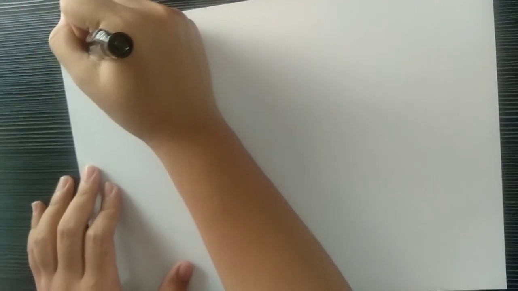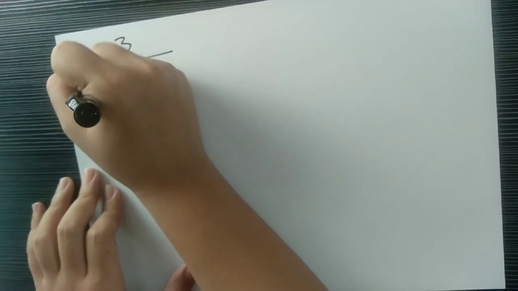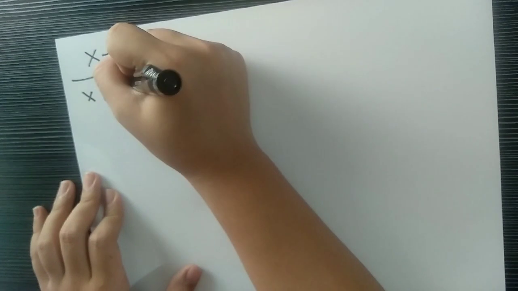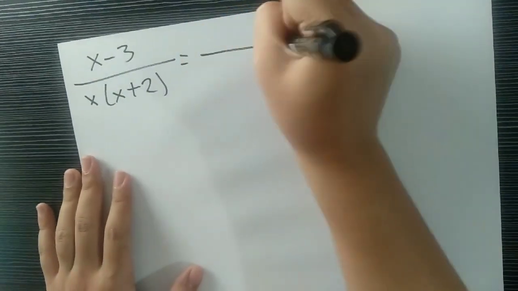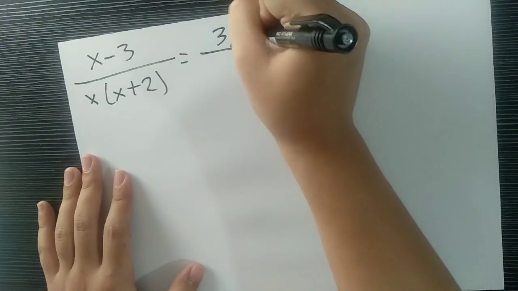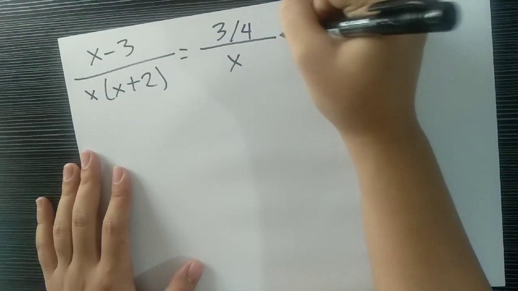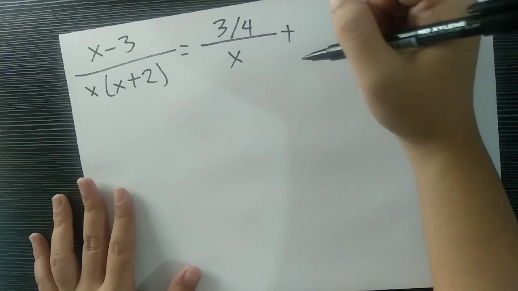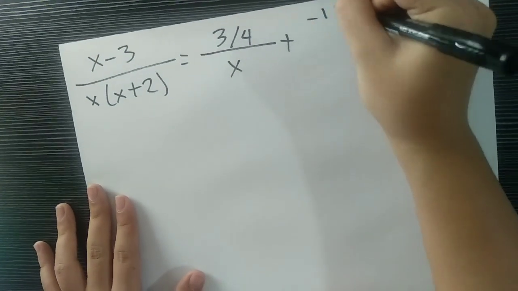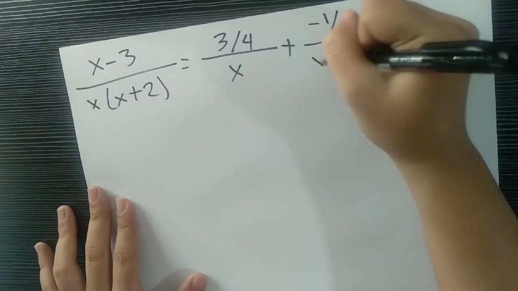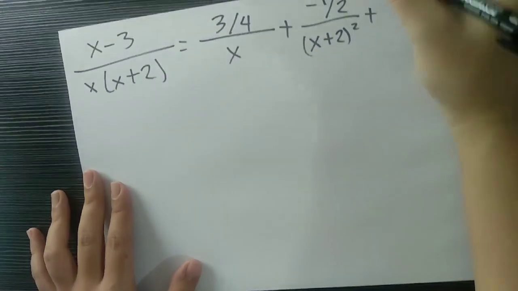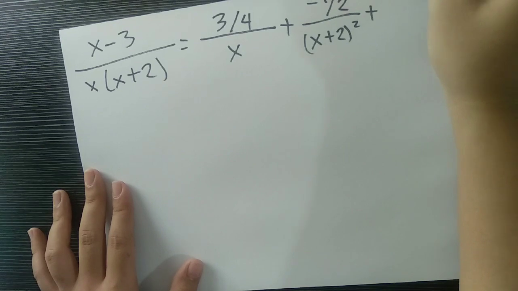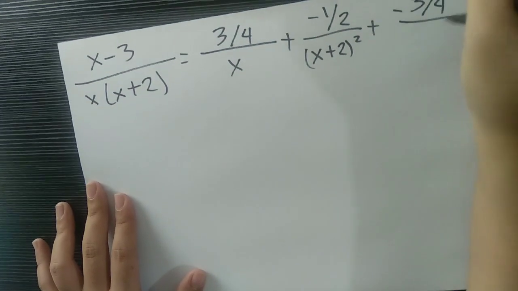So that's (x + 3) over x times (x + 2) squared is equal to the value of A, 3/4, over x, plus the value of B, negative 1/2, over (x + 2) squared, plus the value of C, negative 3/4, over (x + 2).